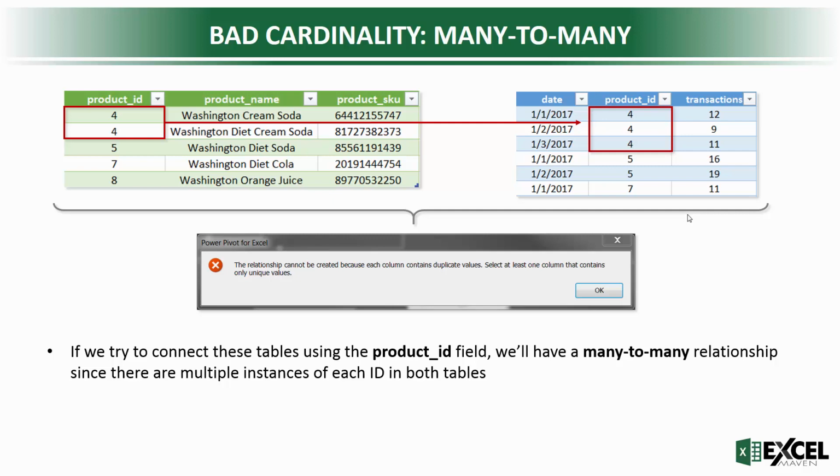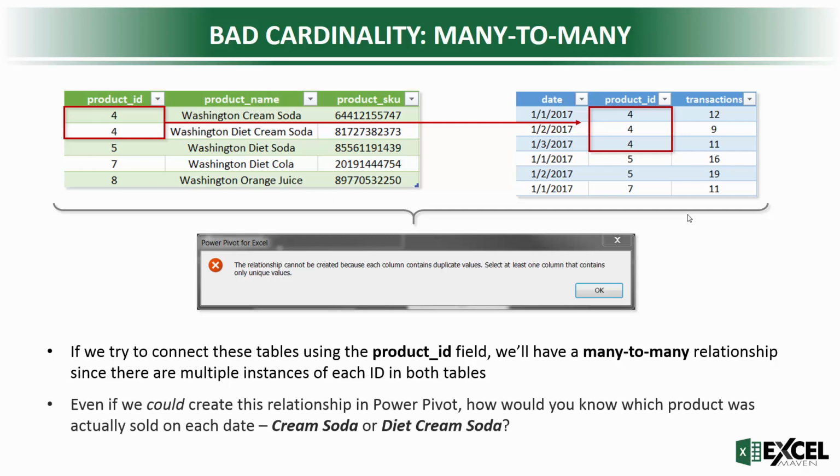So the problem here again is that we have multiple instances of each ID in both of our tables. And the thing is, even if we could force this relationship to work, even if we could drag that relationship and not get the error, it kind of just defies basic logic. If you did somehow make this relationship, how would you know which product was sold on the first, the second, or the third?